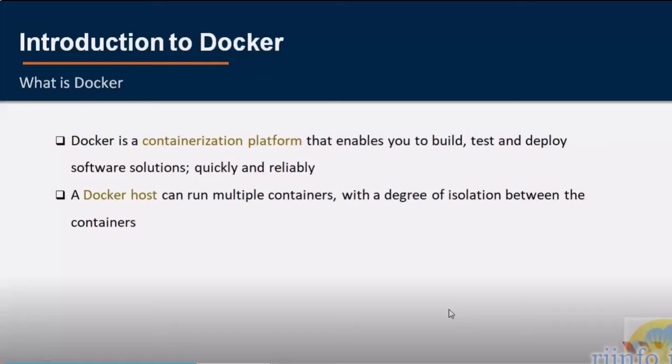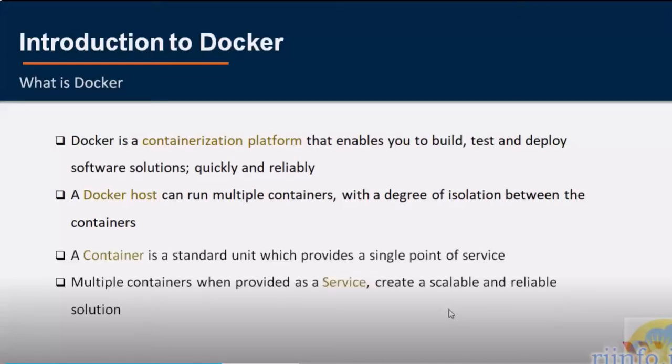As we all know, microservices based architecture is increasingly gaining momentum, and it is fast replacing the monolithic application building style. Docker is a key technology for managing and deploying microservices. A container is a unit providing a single service. So you can look at a container as one single service.